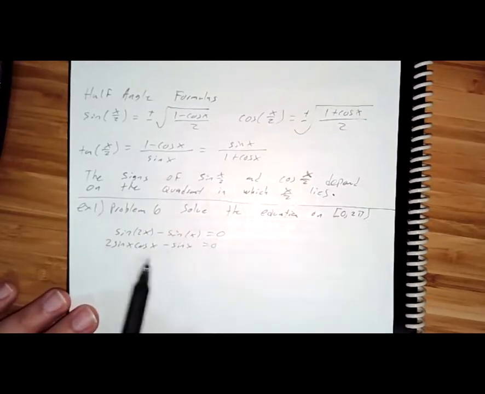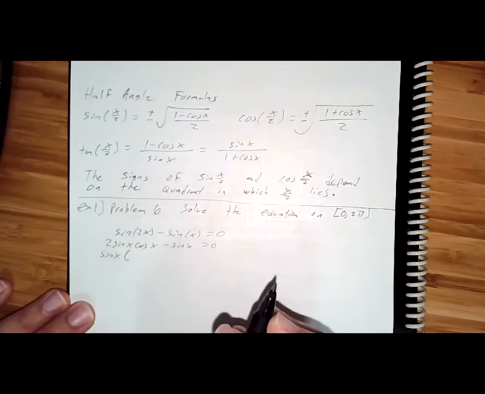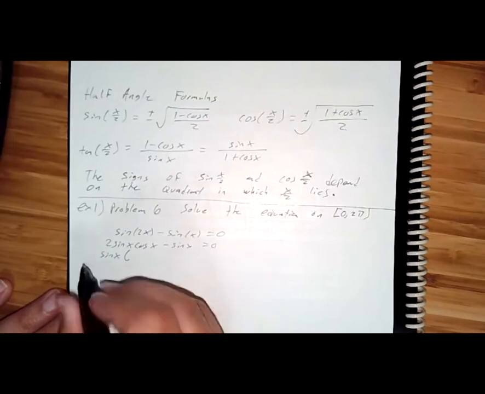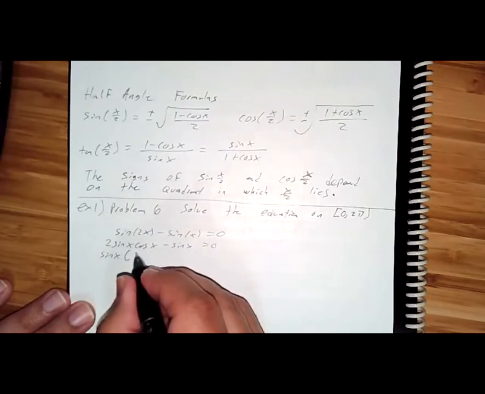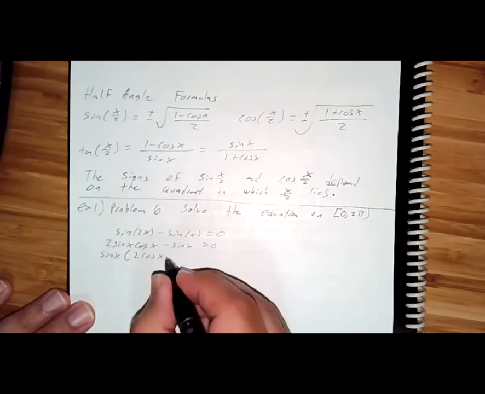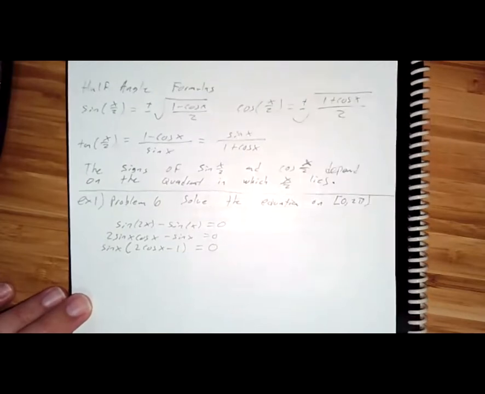Now, when you're solving an equation set to 0, you want to try to factor or create two factors. So they both have a sine x in common. So if I factor it, I'm going to leave the 2 right there. So that'd be 2 cosine x minus 1. So this method will be a lot easier.